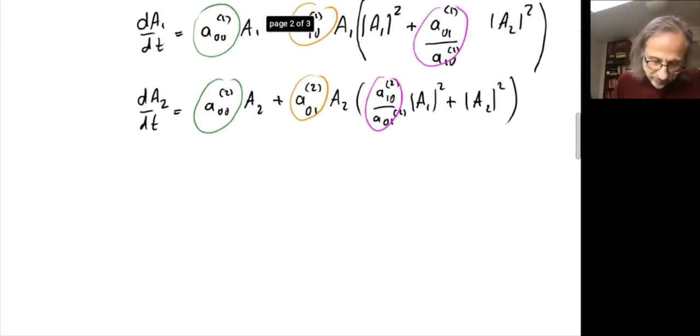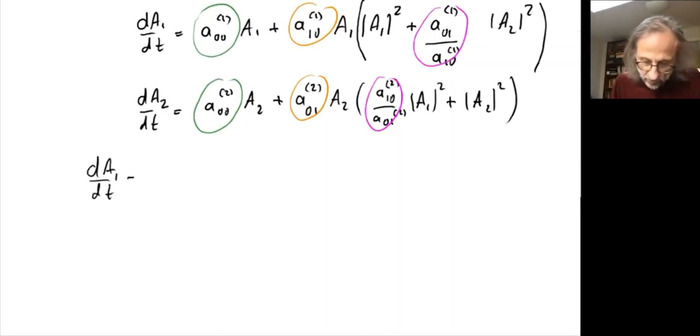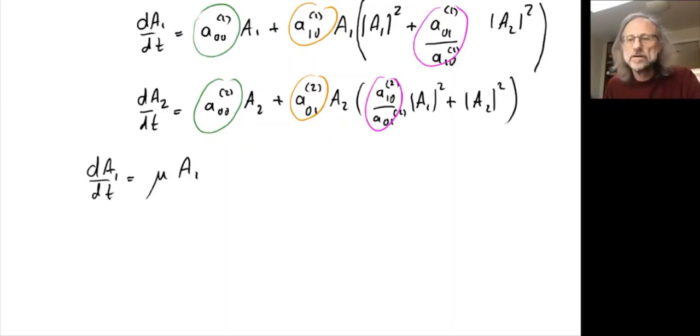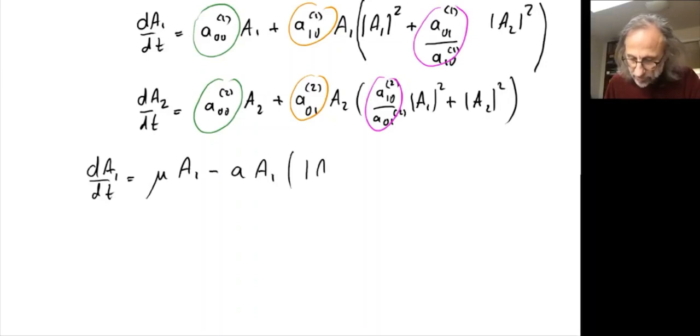So let's write our final answer. dA1 by dt is equal to mu A1. And let me write it as, should I factor out the minus sign, yeah, let me write this now as minus A1 times A1 squared plus G A2 squared.